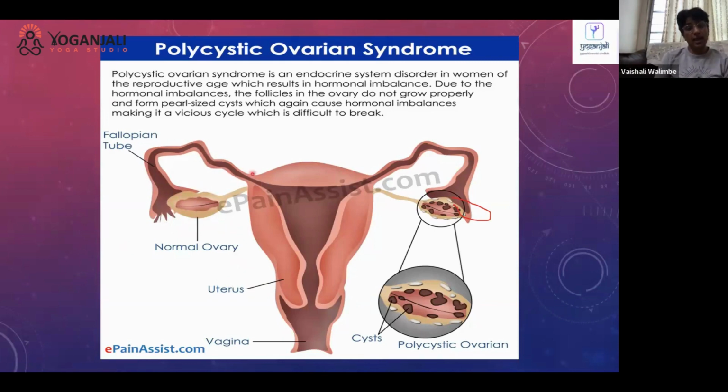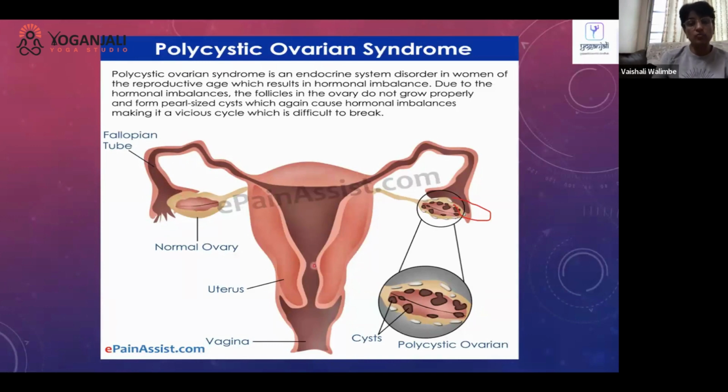The egg breaks the follicle, comes out of the ovary, and travels slowly. The sperm comes from here, travels through this tube also, and meets the egg over here. This is the process of fertilization.